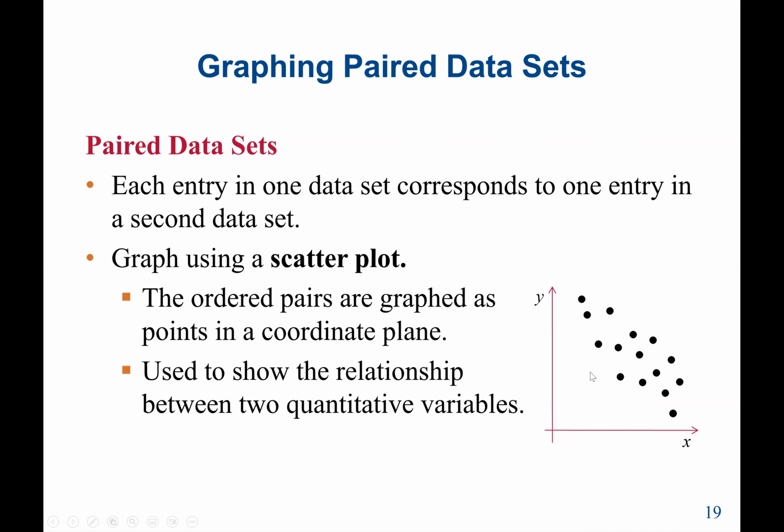When X is maybe 1.2 and Y is 8, that's this point. That's why it's called ordered pairs graphed as points in the coordinate plane, because each point has two coordinates, the X value first and then the Y. And we use the scatter plot to show the relationship between two quantitative variables.